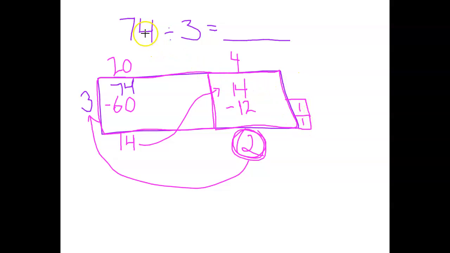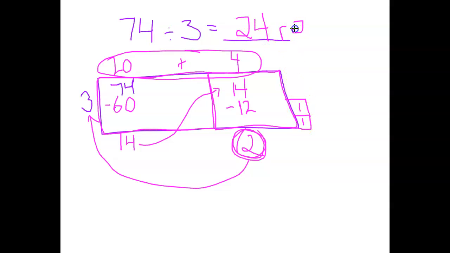And so basically 74 Skittles can't be split into 3 equal groups. I know that I could get 24 Skittles in every group, but I would actually have 2 Skittles left over that I could not equally put into the 3 groups, because I need a total of 3 to do it. So my answer would be 24 remainder 2.